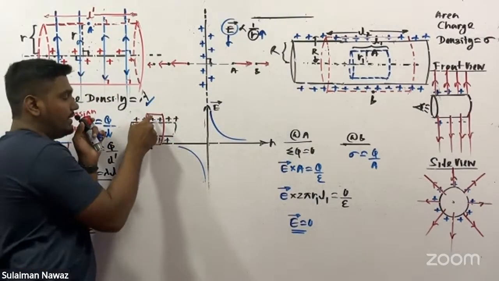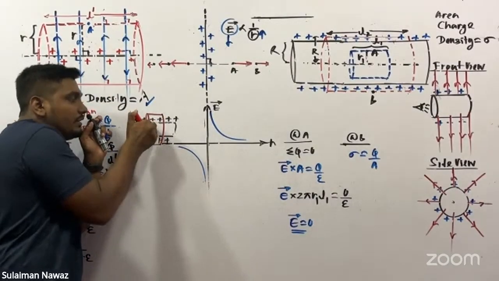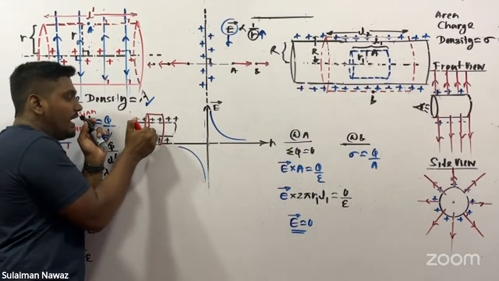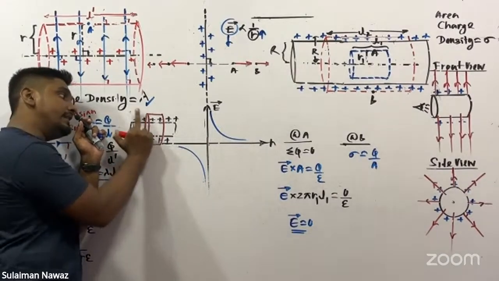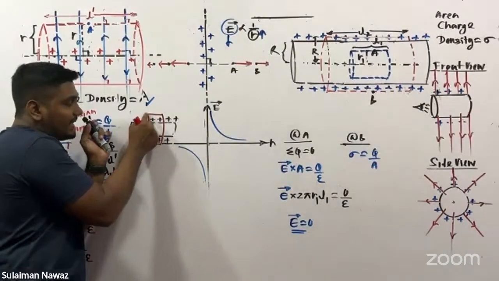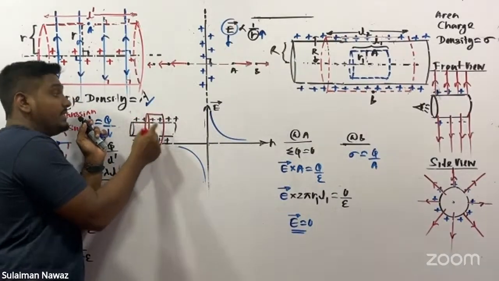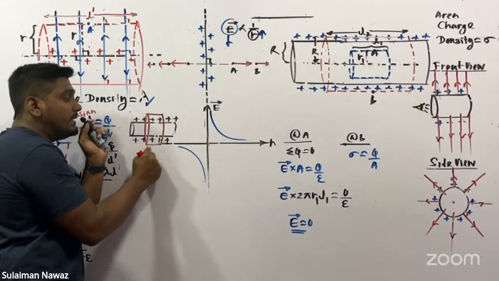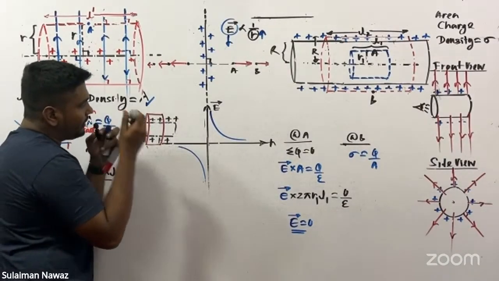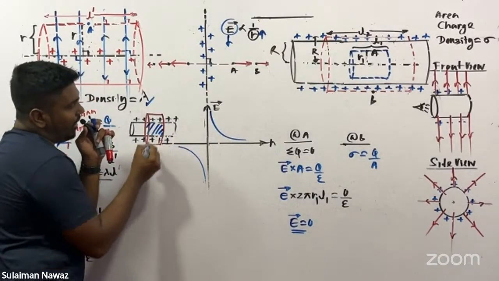That means you want to find the charges on the conductive cylinder covered by the red color Gaussian cylinder. That means this charge. You want to find the total charge on this area. How do you find that area?